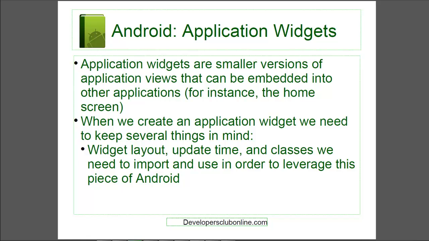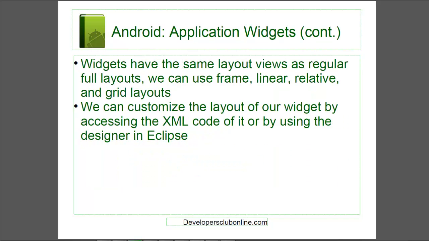When we create an application widget, we have to keep several things in mind: the layout, how it's going to translate to different screen sizes, how it's going to act when the screen is swiping back and forth, which has to do with update timing, and the classes we need to import in order to leverage this piece of Android. We'll learn about that later.